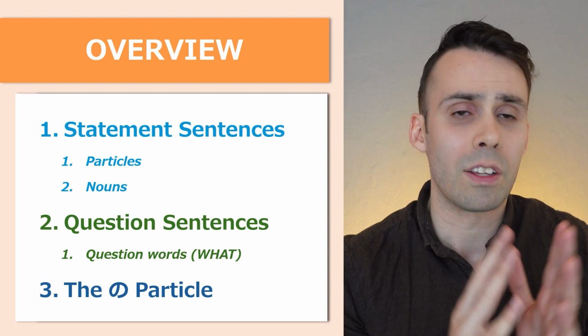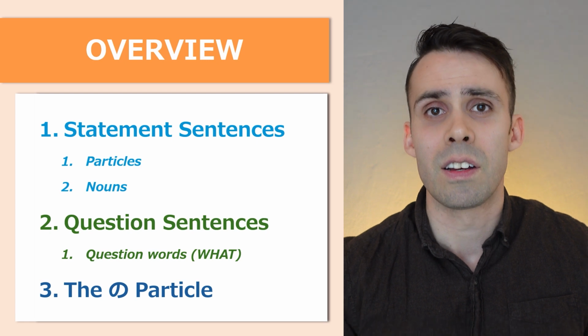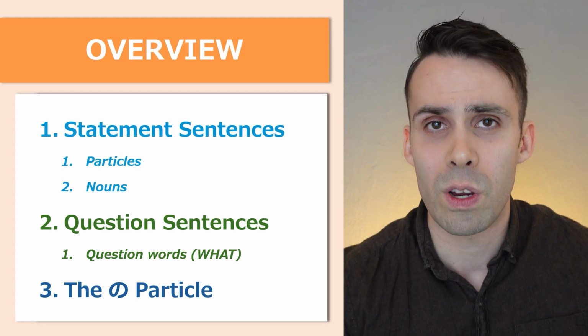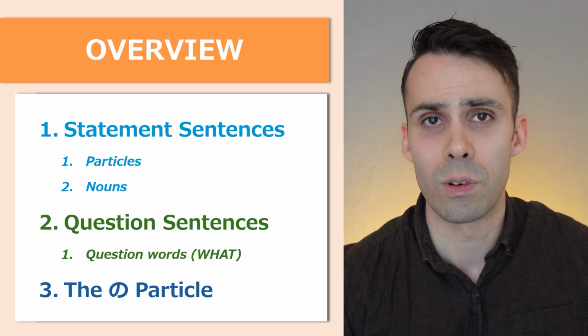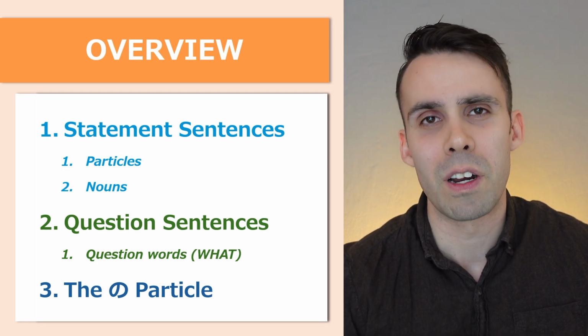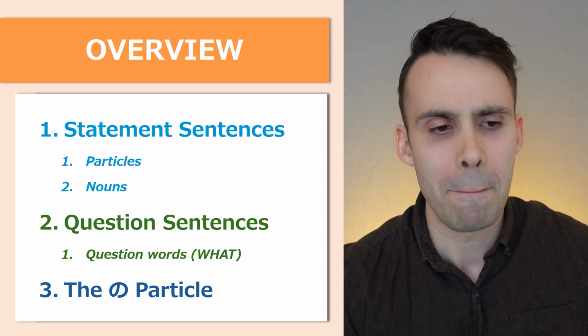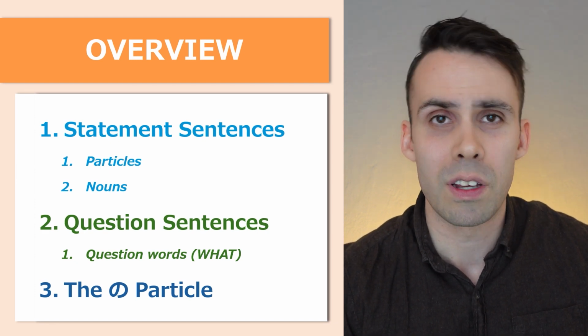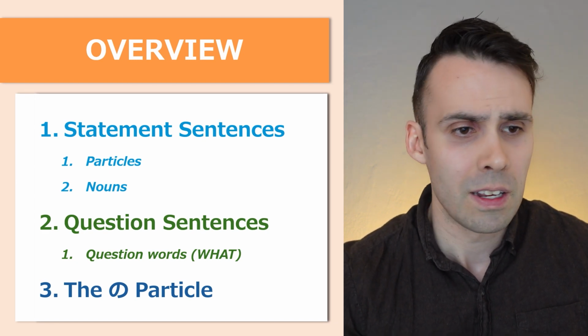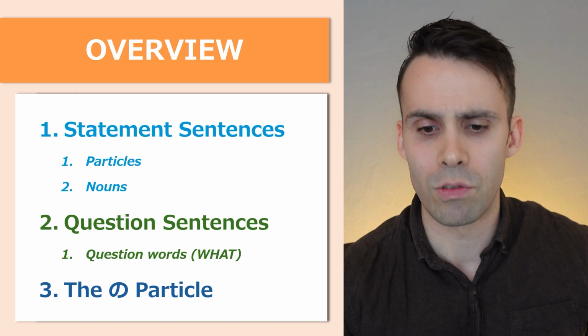Then we're going to look at question sentences, teaching you how to ask a question in Japanese and how to use the question word for what, or nani, which you might be very familiar with if you watch anime. And then we're going to finish by looking at the no particle and how we can use that in a sentence to connect different nouns.